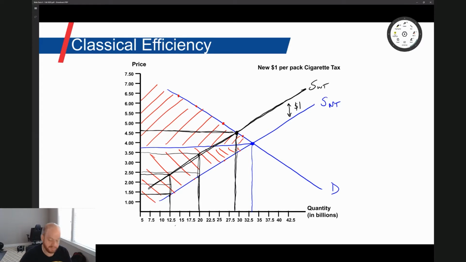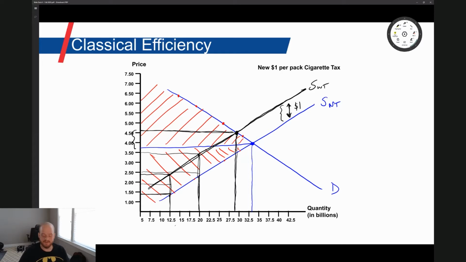So the equilibrium price went up. The equilibrium price doesn't necessarily go up by $1 because the burden of this tax is split by both the consumer and the producer. However, the line shifts by $1. This shift in the line is $1. This change isn't necessarily $1. But we create a new equilibrium point for our market, where a different quantity of cigarettes is being sold at a different going price.